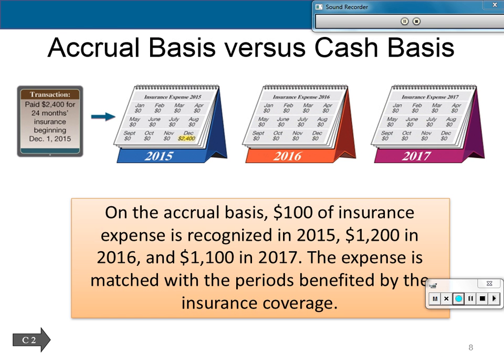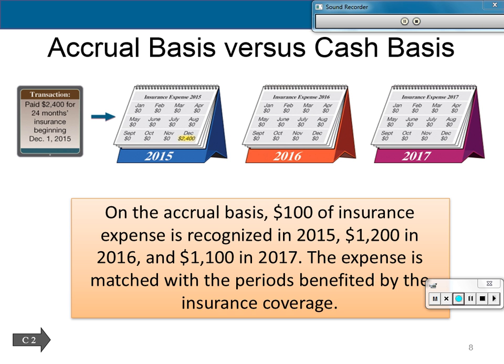Now look at this. On the accrual basis, $100 of insurance expense is recognized in 2015, $1,200 in 2016, and $1,100 in 2017. Why? Because we put it all in prepaid, and every time a month passed by, we took whatever the month was for, right? $2,400 divided by 24 months means $100 a month.